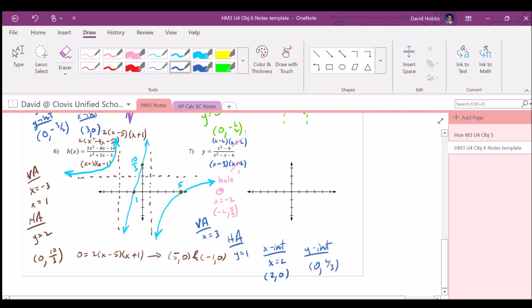So putting all that together, I've got x equals 3. I've got y equals 1. We've got 2 comma 0. We've got 0 comma 2/3.